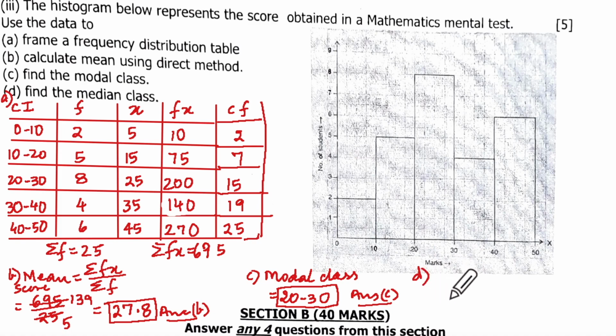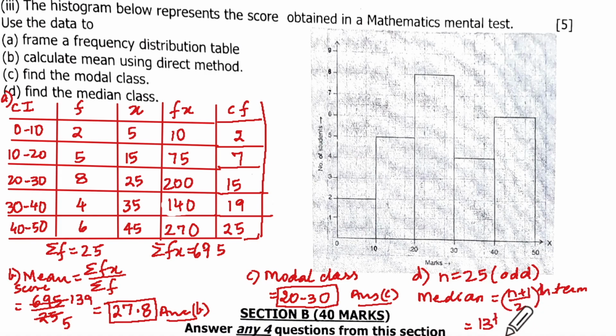Now median, we have n is 25, which is odd. So the median becomes n plus 1 upon 2th term, which is going to be equal to 13. Yeah, correct, 13th term, because 25 plus 1, 26 upon 2 is 13.